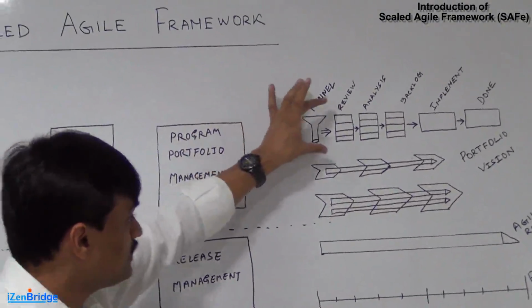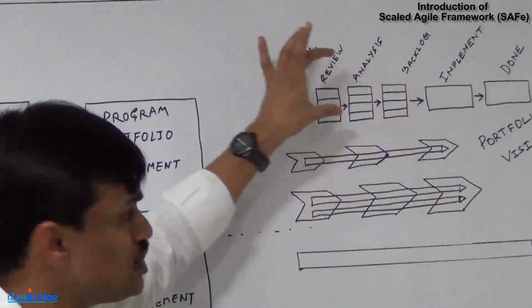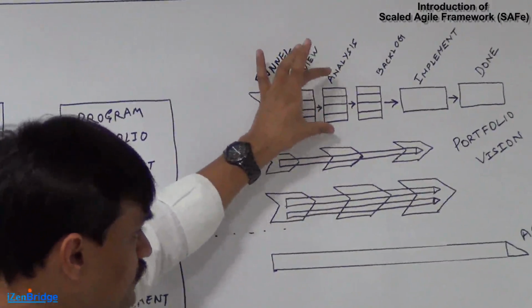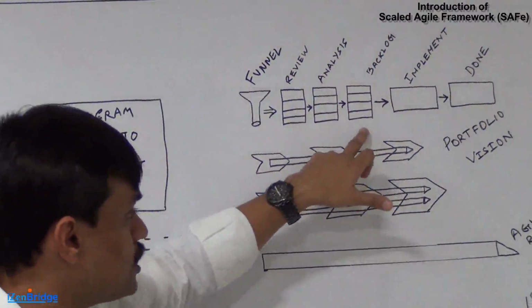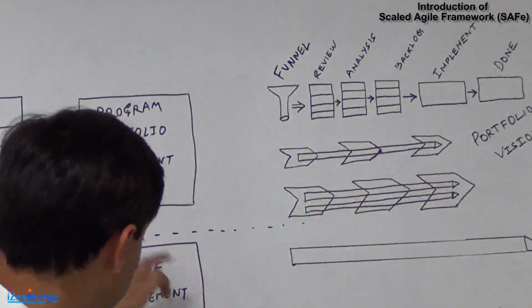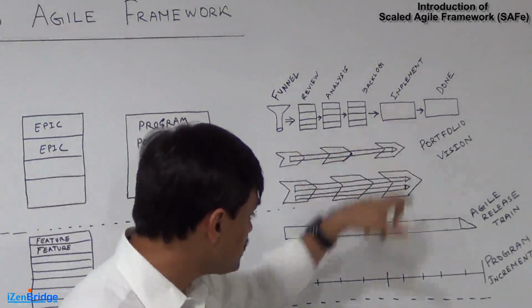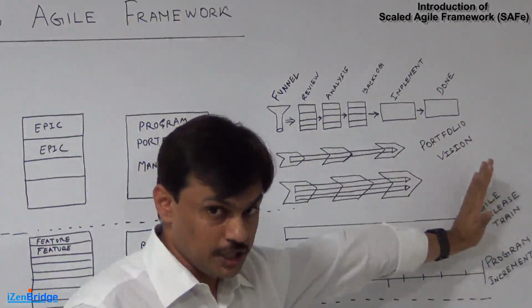So there is a funnel, then they get into reviews, and we keep WIP limits at all these stages. Then we do an analysis, and if it gets approved, it falls under the portfolio backlog. This portfolio backlog has to be implemented by a program team via the second layer. The implementation is done here, and finally it gets done.